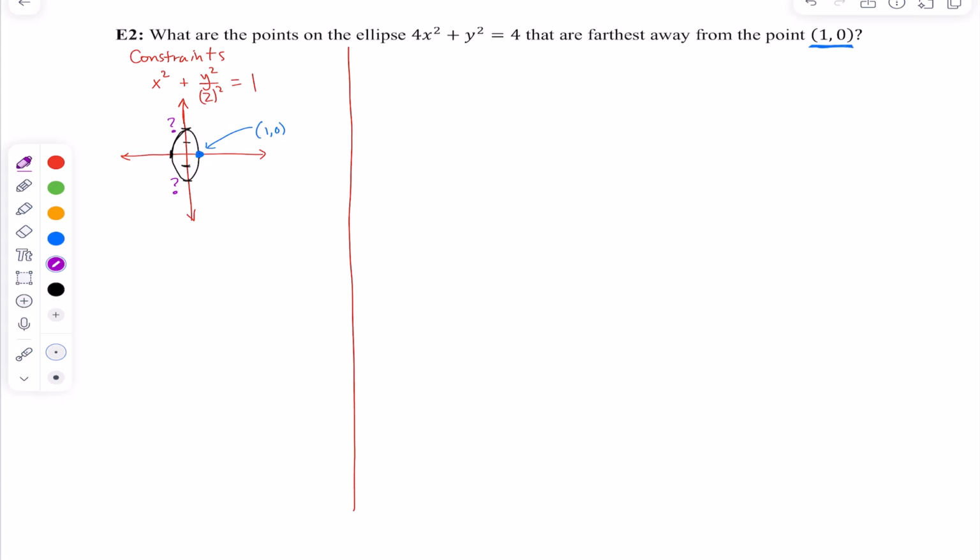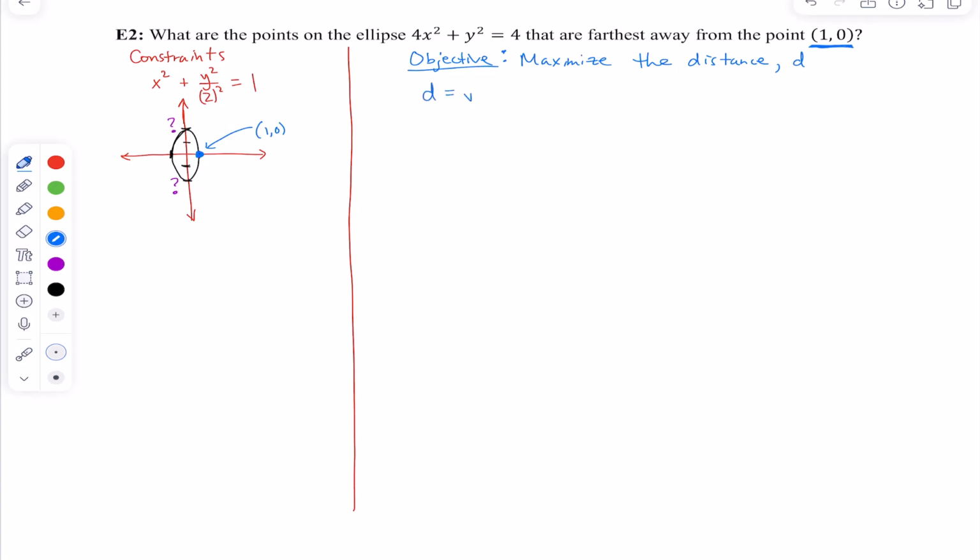Now I'm going to try to figure out what the objective is. The objective is to maximize the distance d. Okay, we're trying to maximize the distance d. And your first thought is probably the distance formula.